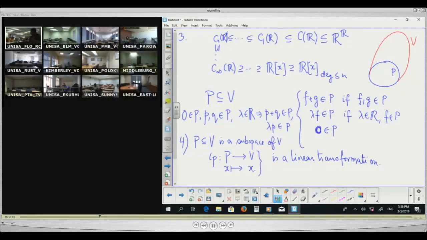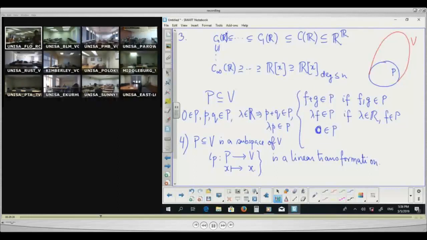So we have now come up with the idea of a vector subspace, which is in parallel with the notion of a subset.